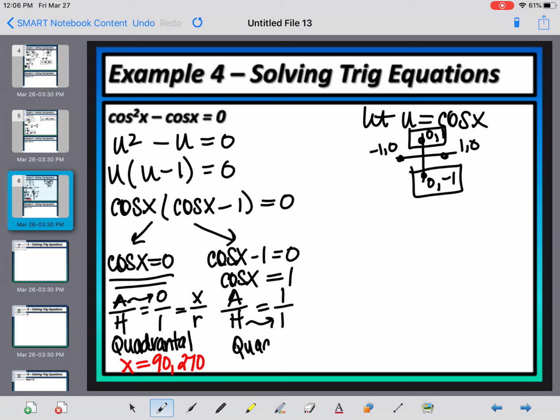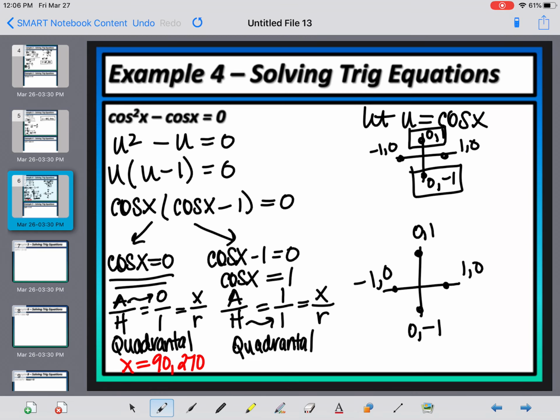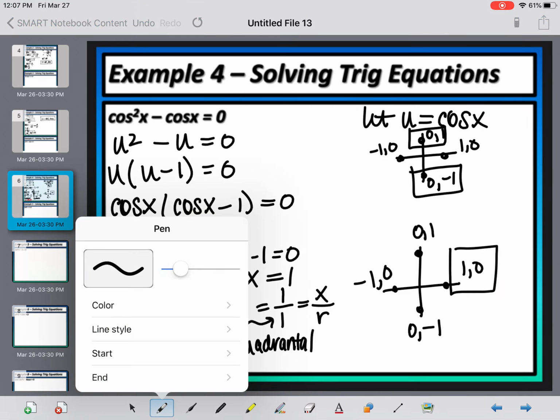is what should tip us off here. This one also quadrantal. Now the hypotenuse is always 1, so that's not going to be the piece of information that we're looking for here. The fact that x equals 1 is what we want to identify.